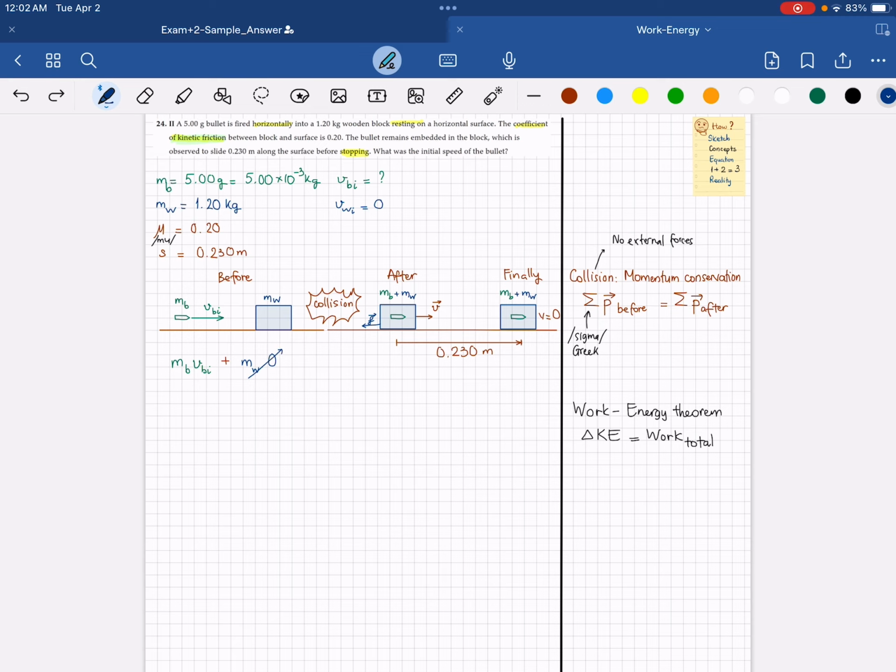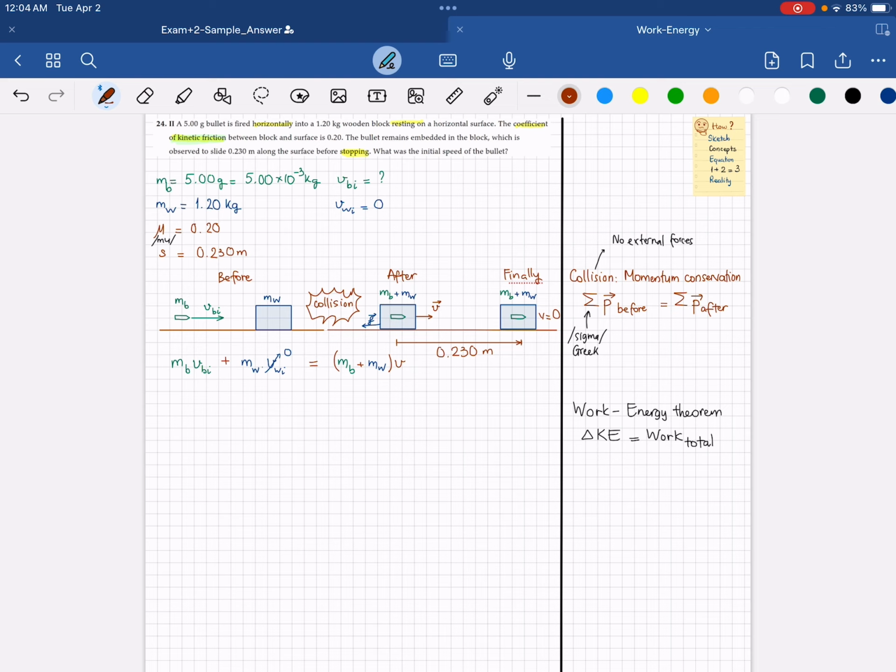This is the initial velocity of the golden block, W stands for golden, and it is at rest, so it goes to zero. Then it equals the momentum after the collision. After the collision, both of them are together as one block, and they travel at the same speed.